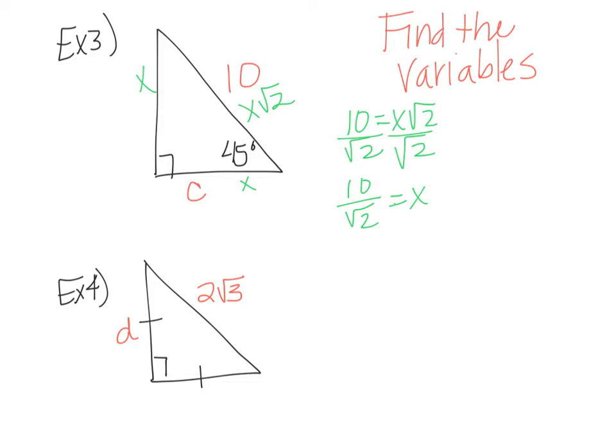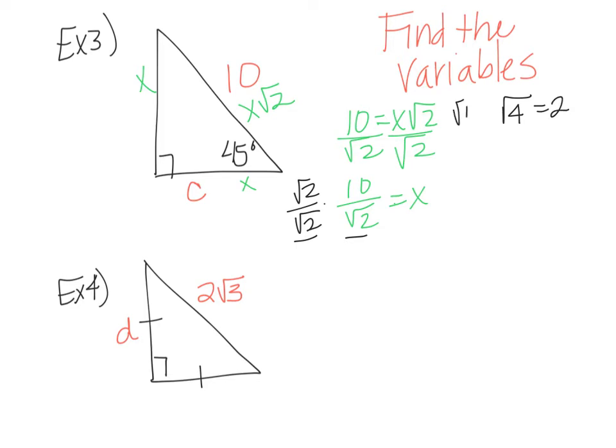The problem with that is that you cannot have a square root in the denominator. So we need to multiply by 1. Now the square root of 2 over the square root of 2 is equal to 1. And we want to do that because the square root of 2 times the square root of 2 is the square root of 4, which equals 2.